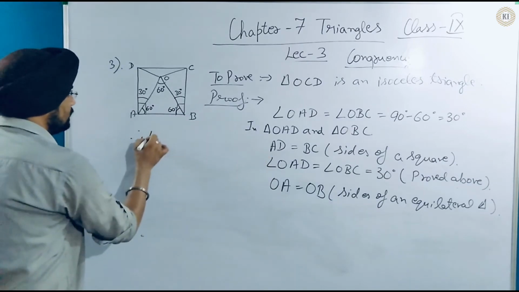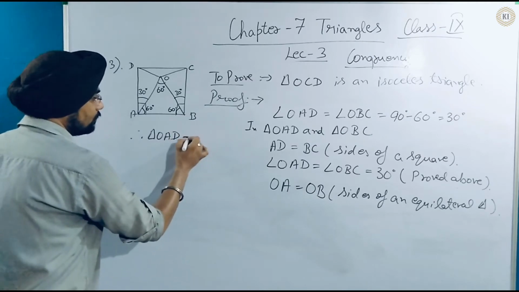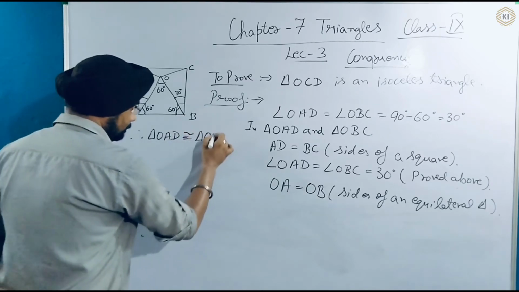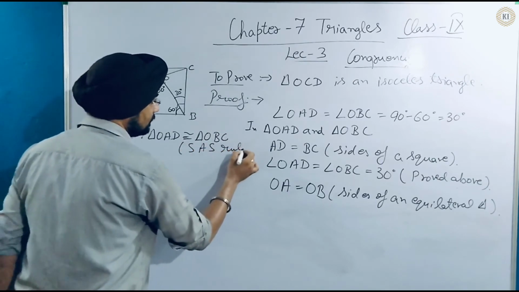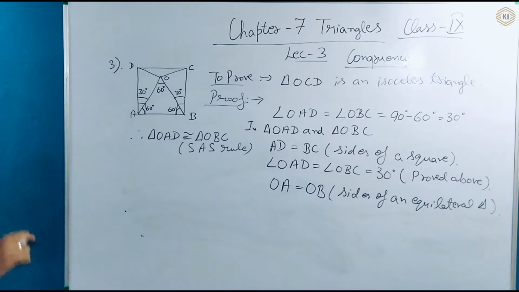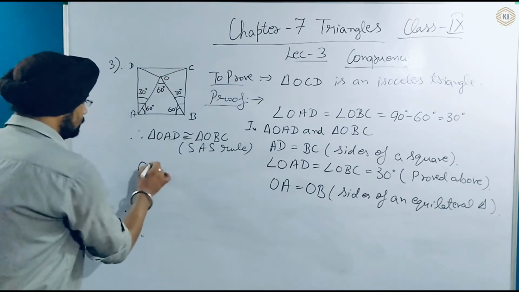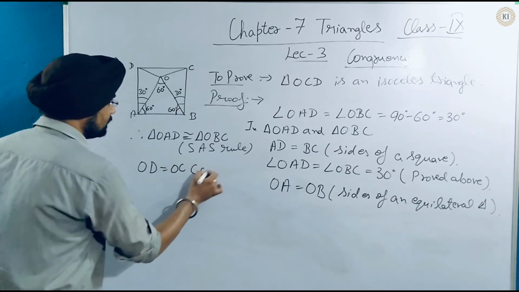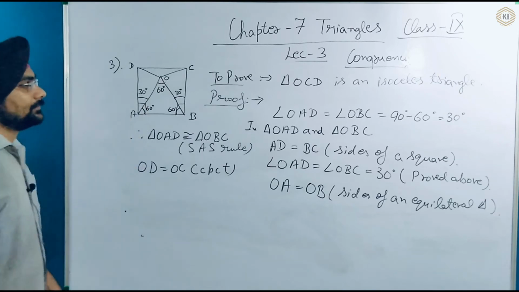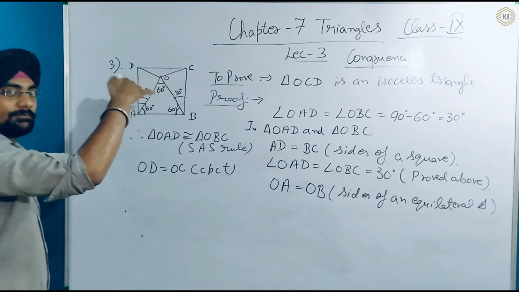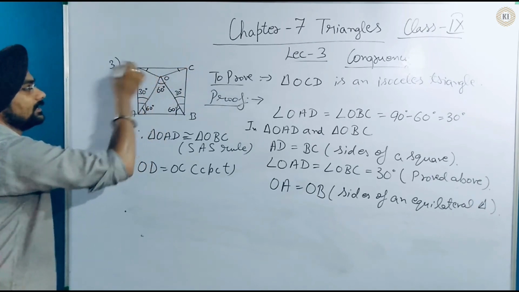So triangle OAD is congruent to triangle OBC by the side angle side rule. So the triangles are congruent, so OD will be equal to OC by CPCT. Now both the sides are equal. If these sides are equal, then their opposite angles will also be equal, and this is the property of an isosceles triangle.